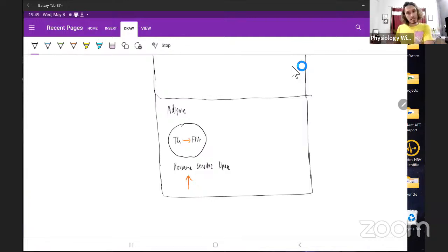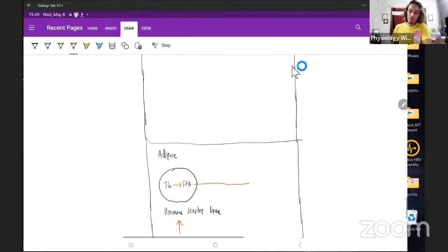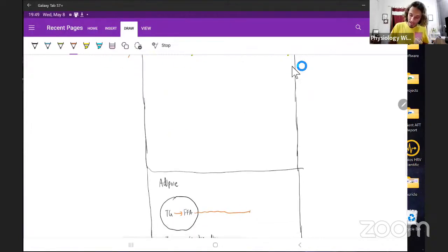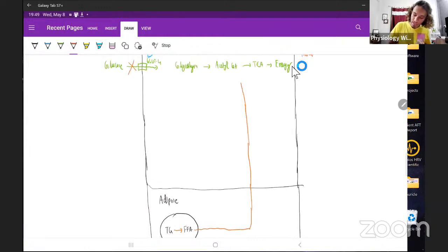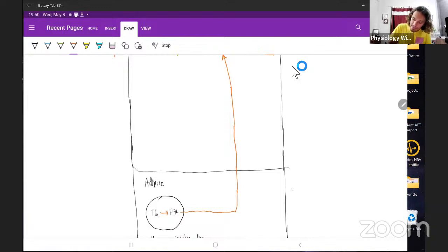This is something cortisol does. Why did it do that? Because this free fatty acid is now going to go into the cell, gets converted to acetyl-CoA and gives you energy. So now the major source of energy is free fatty acid. That is why this was lipolytic. Lipid catabolism.